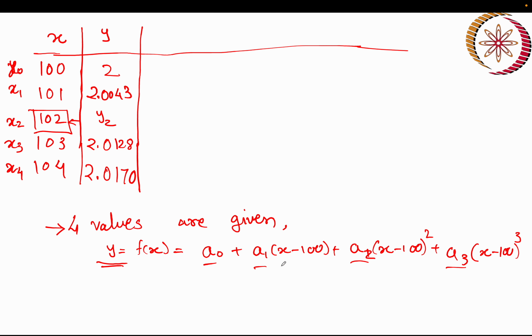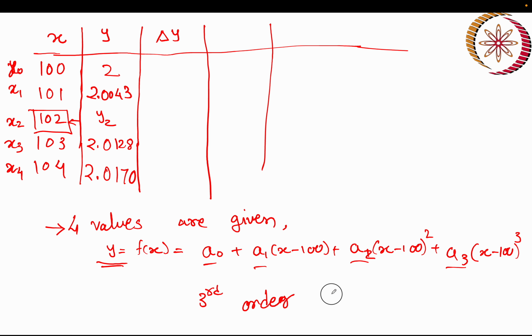But the thing is, if this polynomial is third order, then when we write the difference table, what we can expect is this is the third order polynomial.